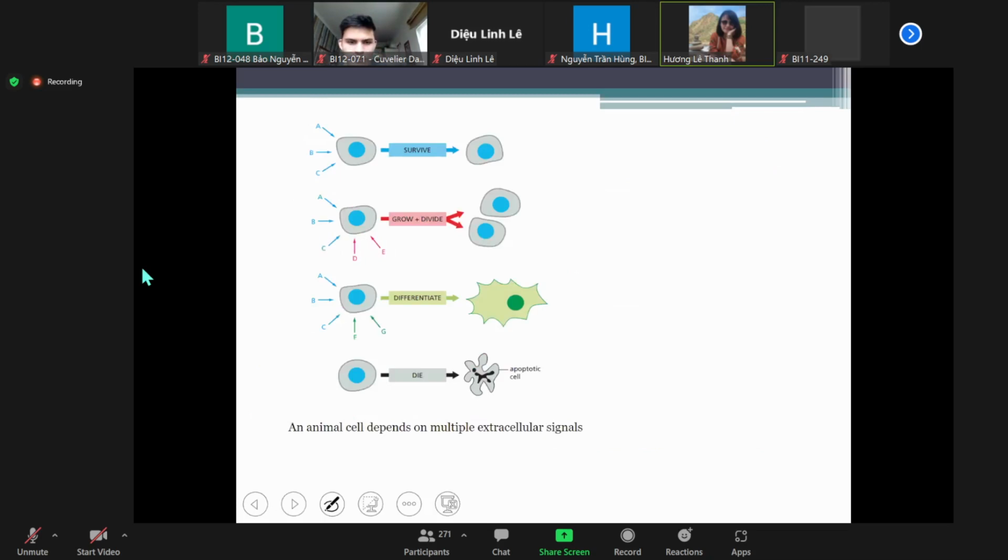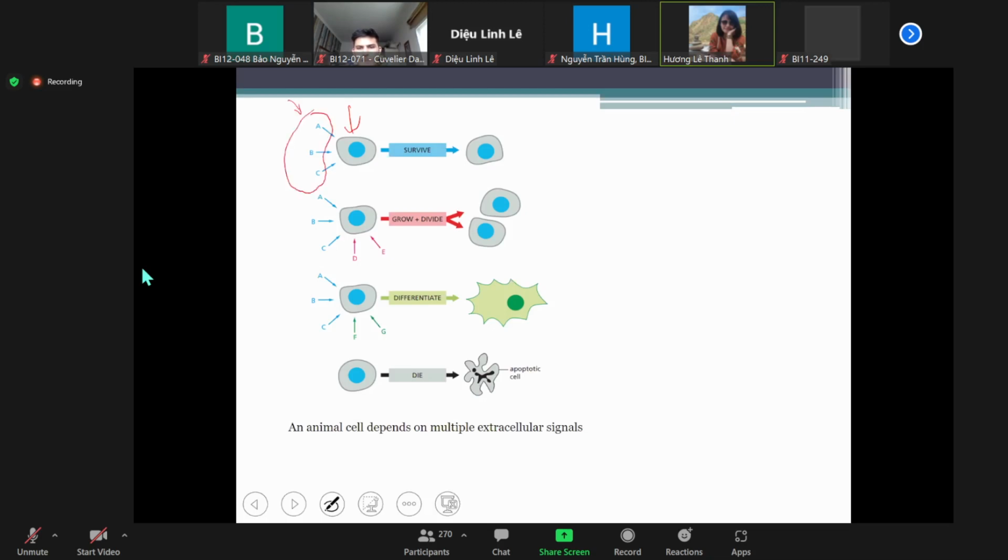How do the cells respond? First, every cell type displays a set of receptor proteins that enable it to respond to a specific set of extracellular signal molecules produced by other cells. These signal molecules work in combination together to regulate the behavior of the cells. As you can see here, one cell needs to receive certain ligands for survival.